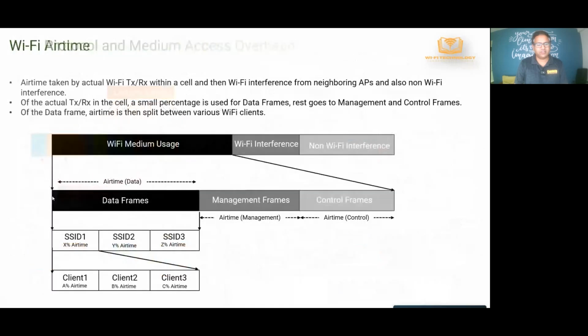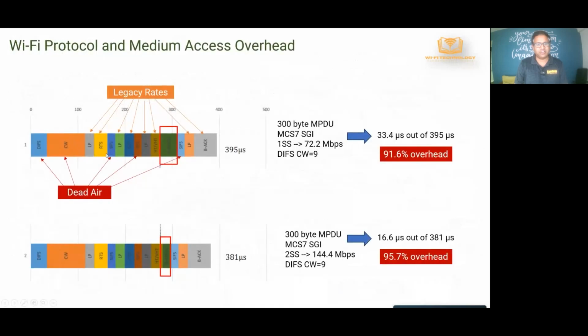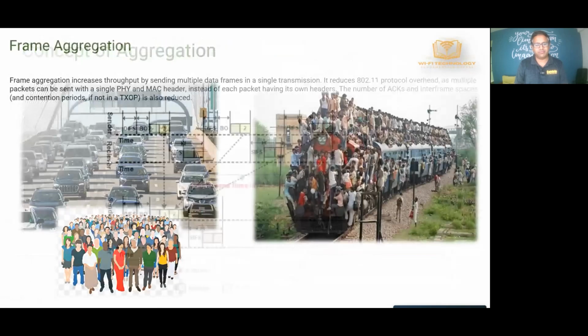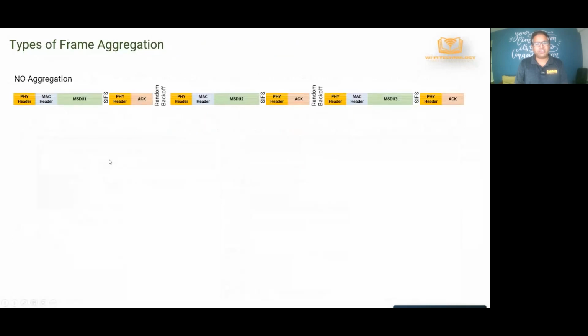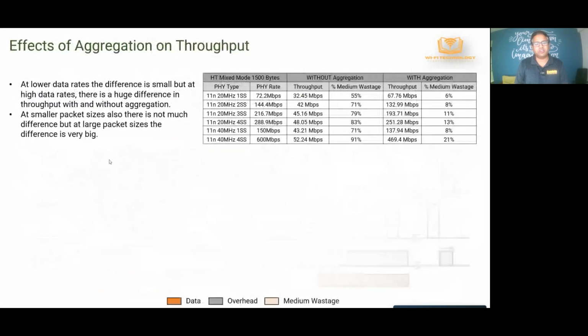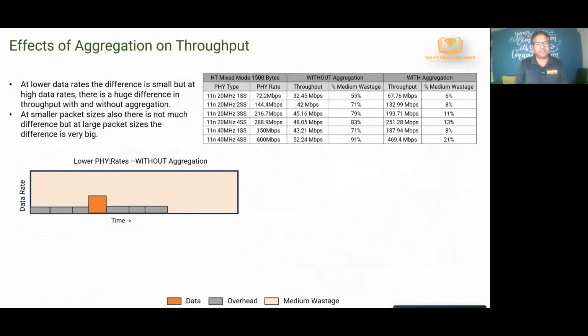In this example here, everything is transmitted at legacy rates, right? RTS, CTS, and all of that. That overhead will not change; it will stay the same, right? The only thing that can change is the speed at which you transmit your data frames. So now, if you look at this example, low data rates without aggregation, this is your data, and everything else is your overhead, and this is the wastage of the medium, right?